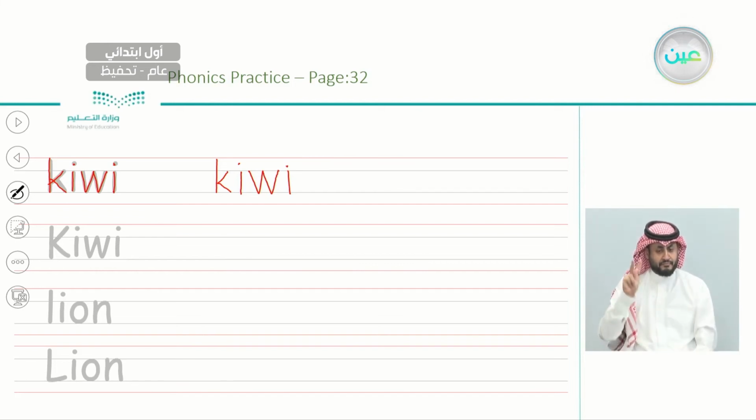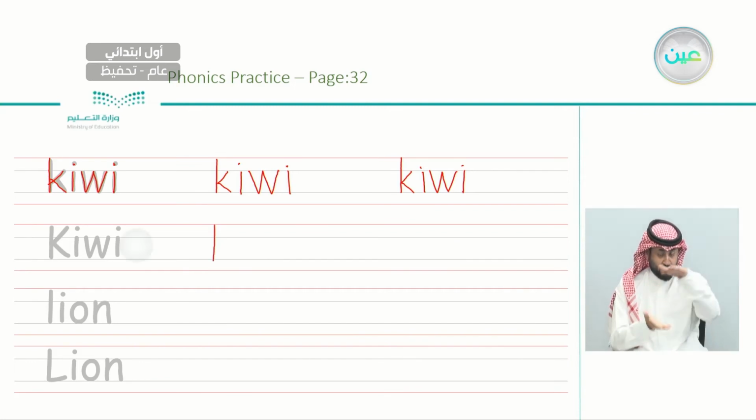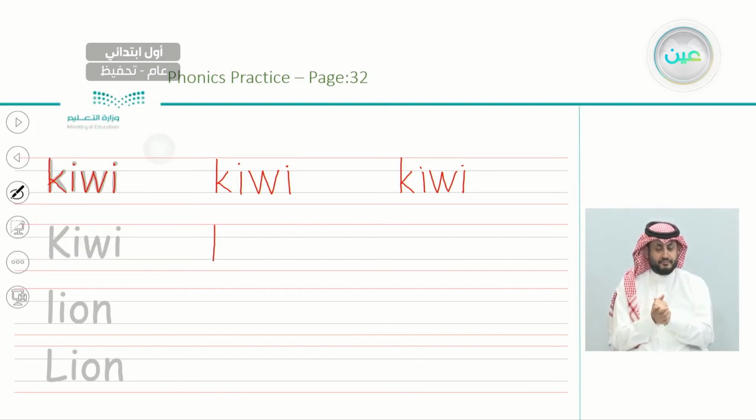Let's write it one more time. K, like this, and I, W, and I again. So, this is kiwi, okay? Kiwi again, but now in capital form. Start from number 1 up to number 3 like this, the same as small, but the 2 lines will be this, okay?